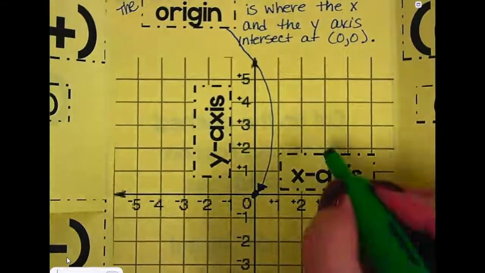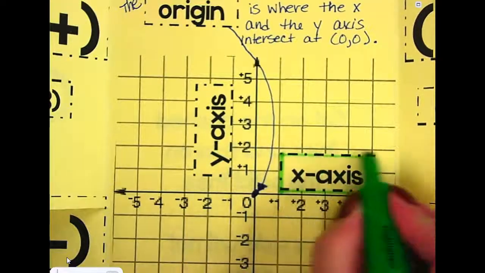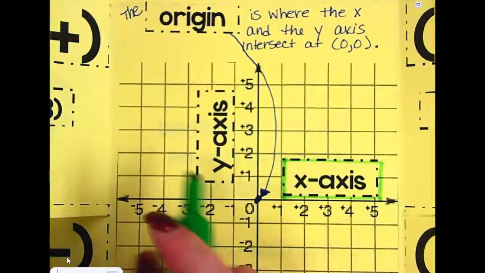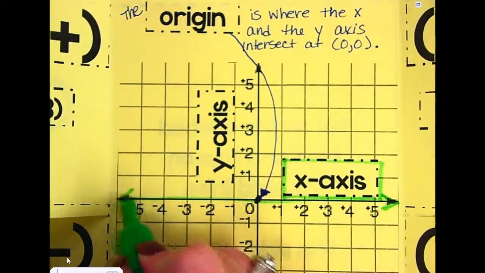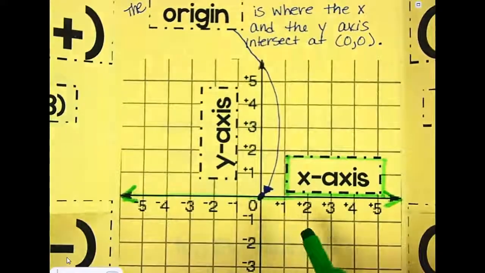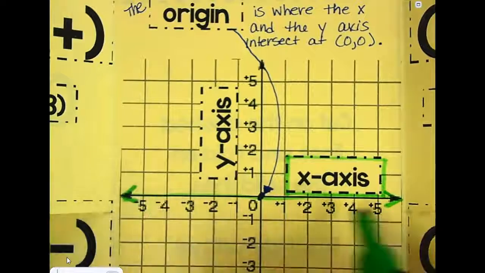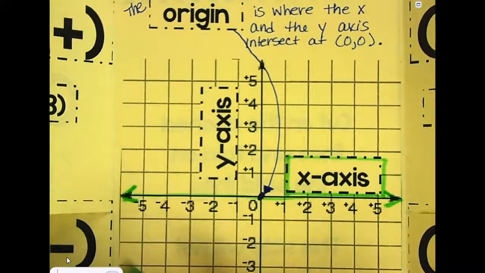All right, the x-axis. The x-axis is this horizontal axis right here. This is the one that you graph first. You graph the x-axis first. It could be a positive number or it could be a negative number.